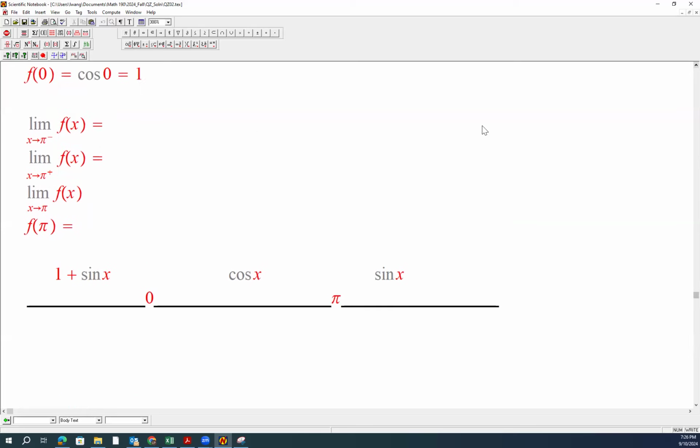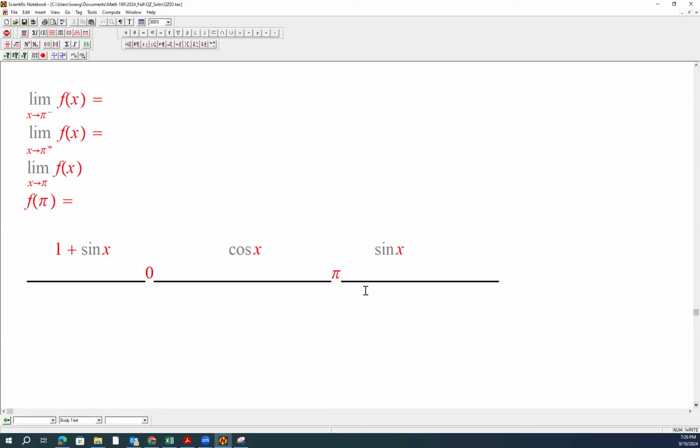When x is approaching pi from smaller than pi, the rule of cosine is going to apply. So this is the limit as x approaches pi from smaller than pi, and that's going to be cosine x. That's a direct substitution. Cosine pi equals -1.